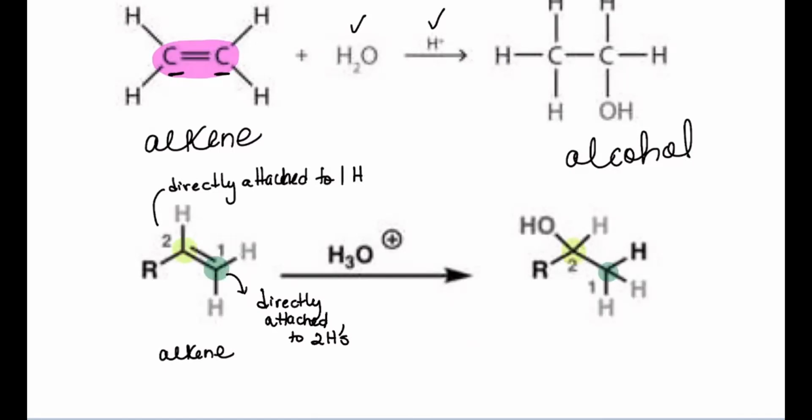Now, notice what happens when there is a difference in the number of hydrogens that are directly attached to a particular alkene that is undergoing hydration reactions. The incoming groups coming from the reagents are going to be an H and an OH, because we are indeed going to form an alcohol.